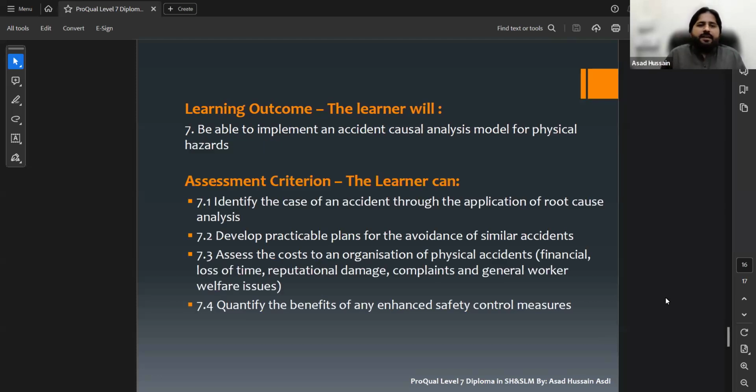So here we will see 7.1: identify the cause of an accident through the application of root cause analysis. Basically, you are managing health and safety at your workplace, and people are keen on their health and safety, and organizations are working on that.